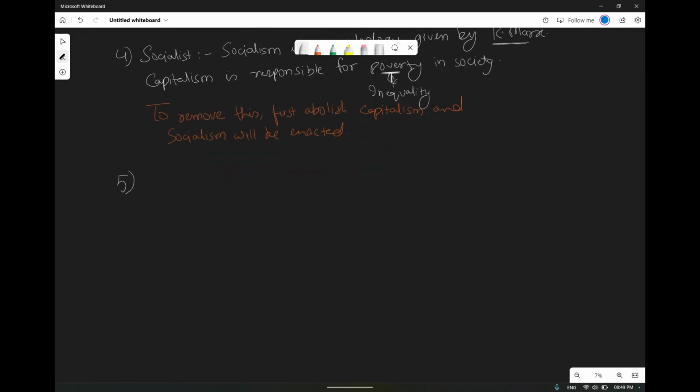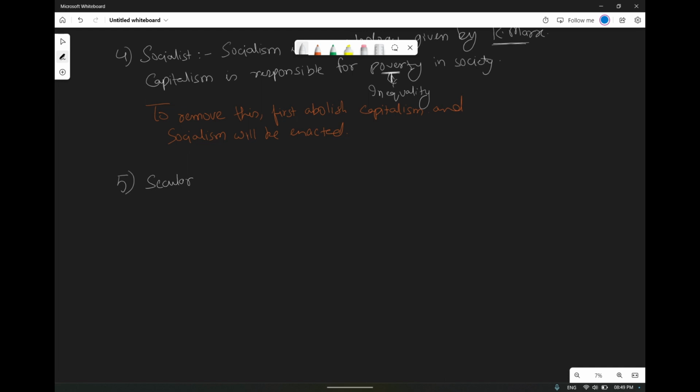Okay, secular. Secular means there is a separation of matter from the temporal region. Religion should not be interfering with the functions of a state like education and all, and a state can protect all religions equally, and it should not uphold any religion as the state religion.